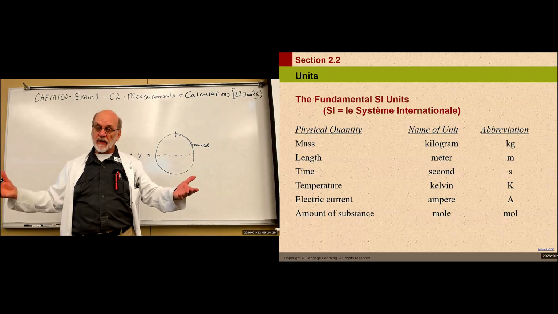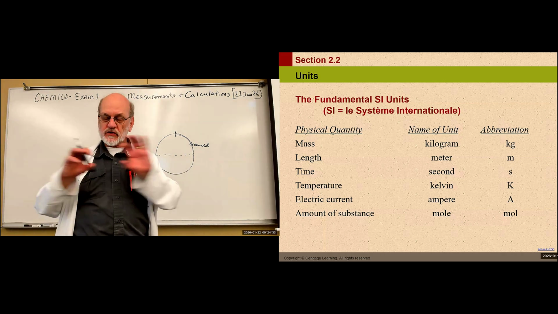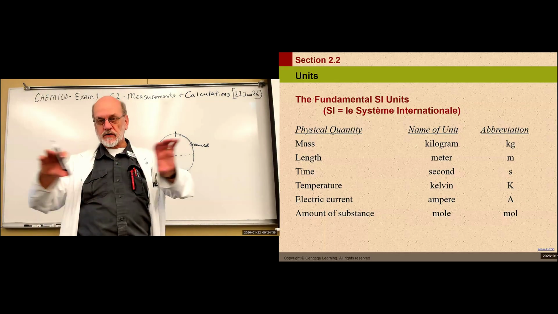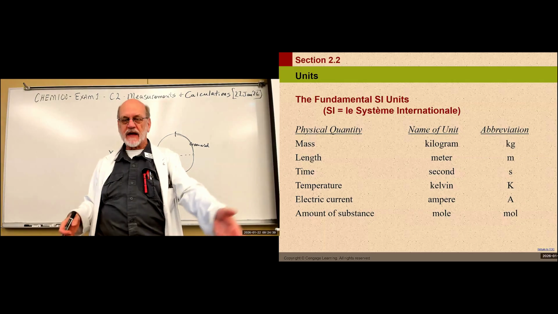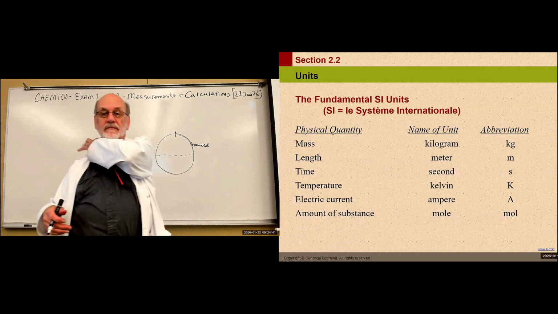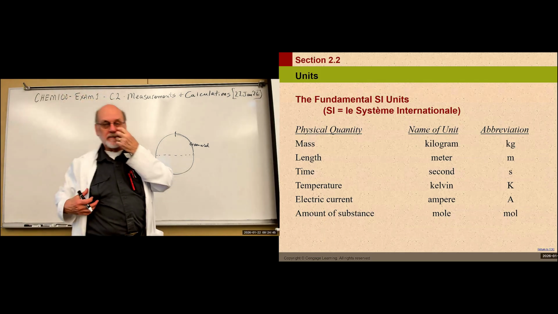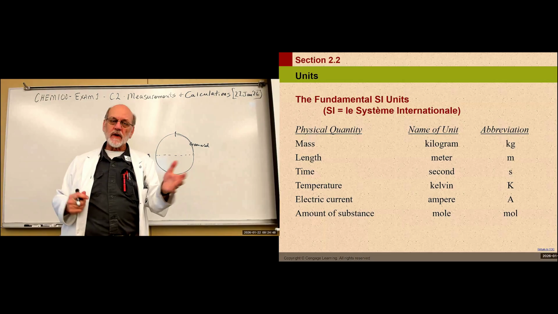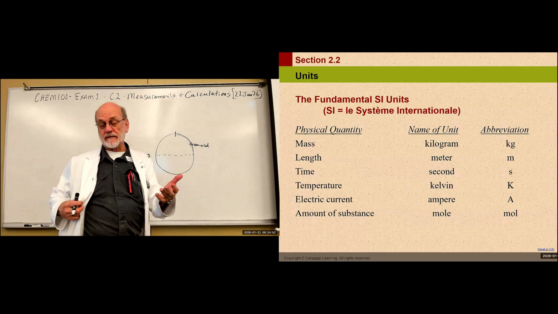Once that was agreed upon, a platinum iridium bar was constructed, actually several of them, to represent that meter. And it was stored in that same cave in argon gas. Nowadays, though, we don't have to depend on those platinum iridium bars.